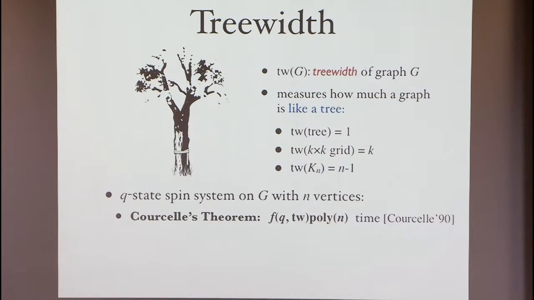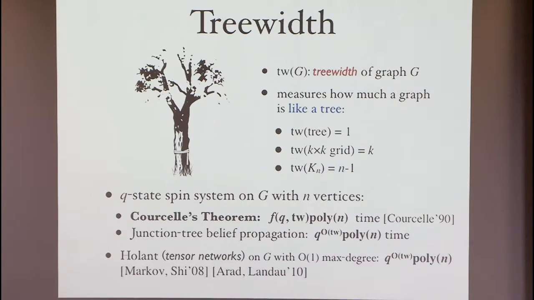And indeed, by Courcelle's theorem in logic, spin systems are fixed parameter tractable in treewidth. The actual running time achieved by junction tree belief propagation in artificial intelligence is exponential in the treewidth.